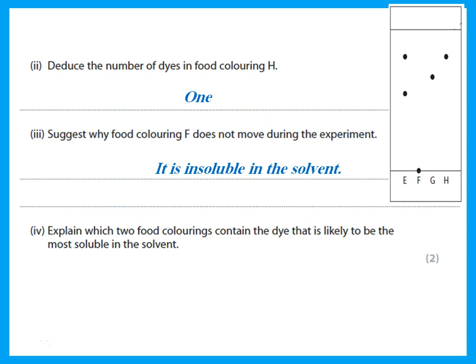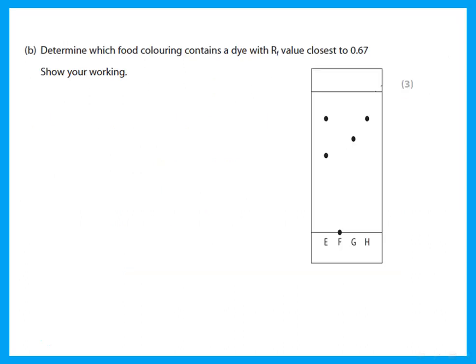So explain which two food colorings contain the dye that is likely to be the most soluble. So which of these has something that is the most soluble? Again, the ones that are the most soluble are the ones that go up furthest. So that would be E and H because the spots went up further than the others.